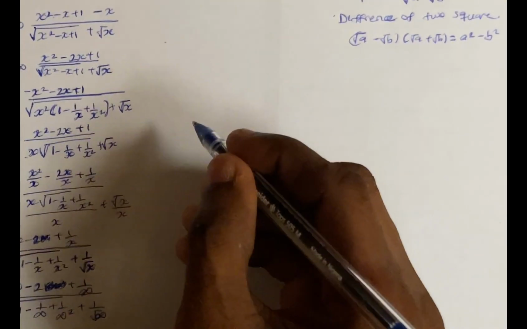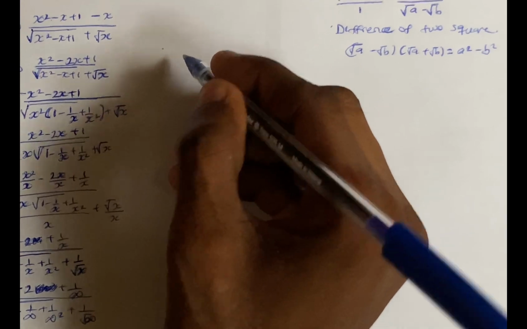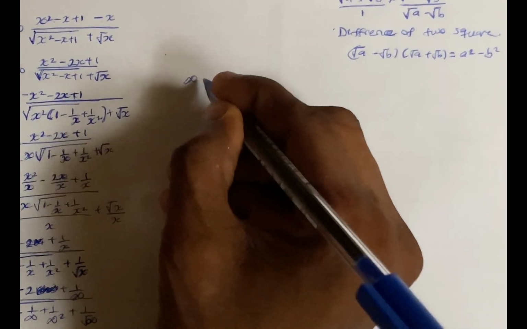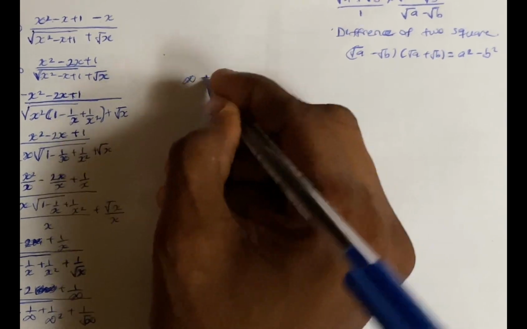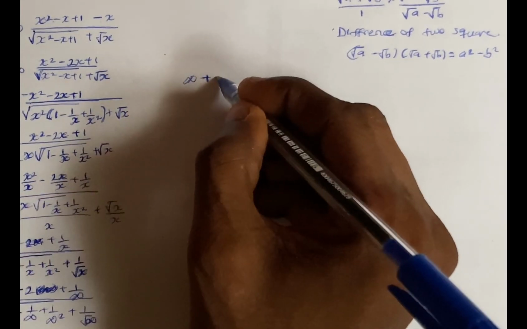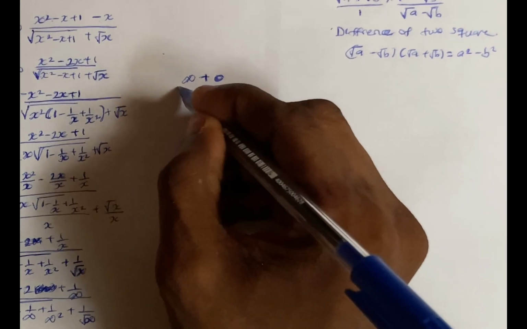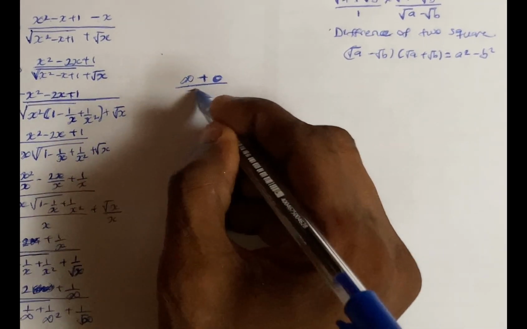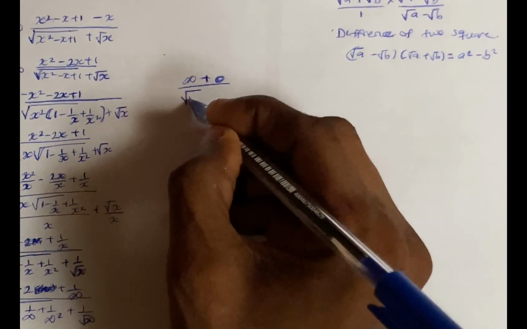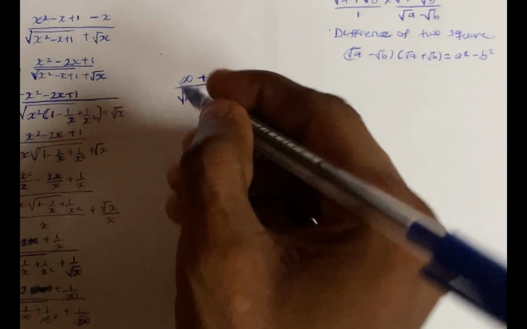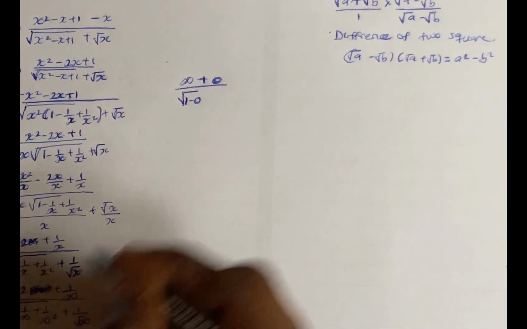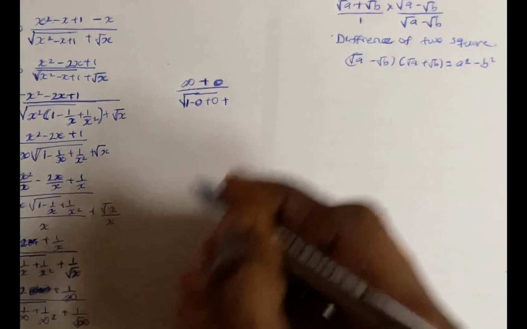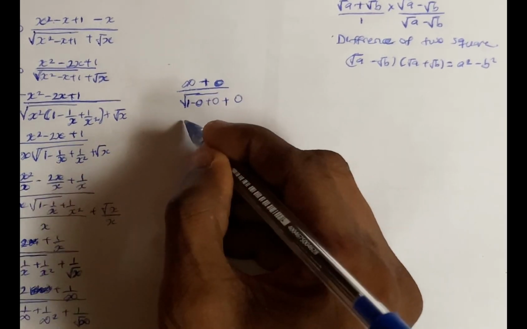So we will have infinity minus 2, that will be infinity. So we have infinity plus 1 over infinity, which should be 0, over square root of 1 minus 1 over infinity, that should be 0, plus 1 over infinity squared, which should also be 0, plus 1 over square root of infinity, also 0.